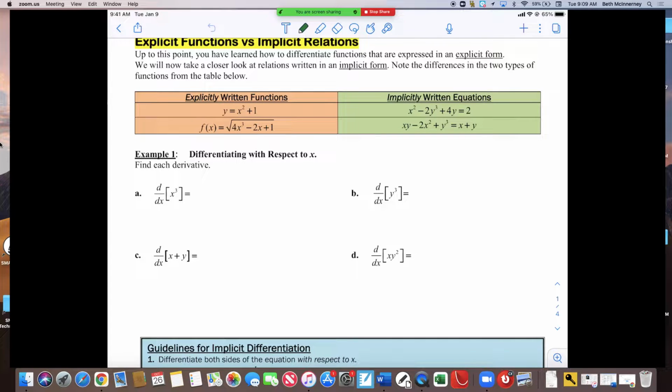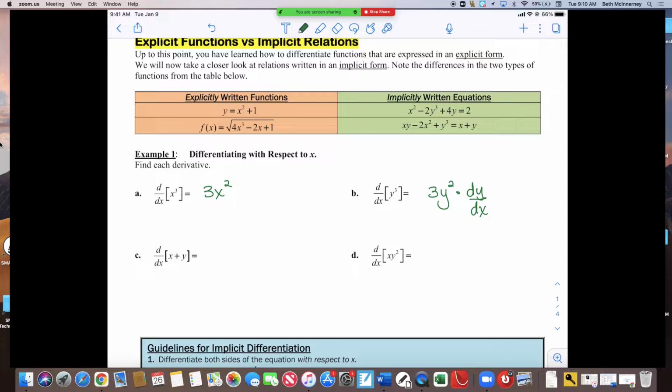So if you look at example 1, if I want to find the derivative of x cubed with respect to x, we know that's 3x squared. But watch this in letter B. This is where the explicit comes in. If I want to take the derivative of y cubed with respect to x, this is going to be bring down the power, decrease the power by 1, and then you're going to have to take the derivative of whatever y is with respect to x.